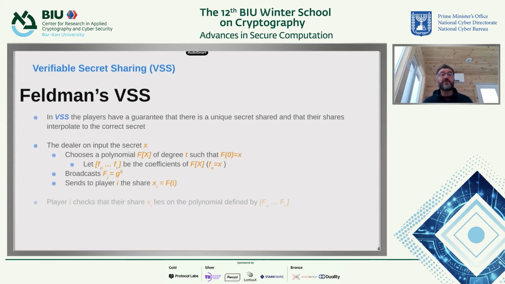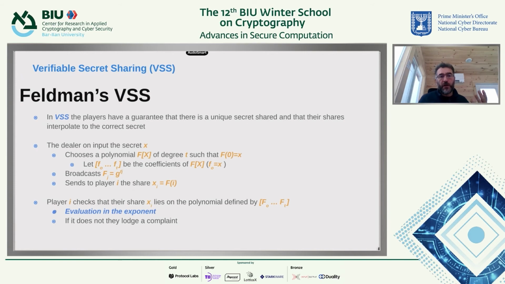When the player receives this Shamir share, the player can check that this share lies in the correct point by doing an evaluation in the exponent. Instead of interpolation in the exponent, now this is evaluation in the exponent, meaning it is going to check that the linear combination of the coefficients times i to the j should be g to the x_i.